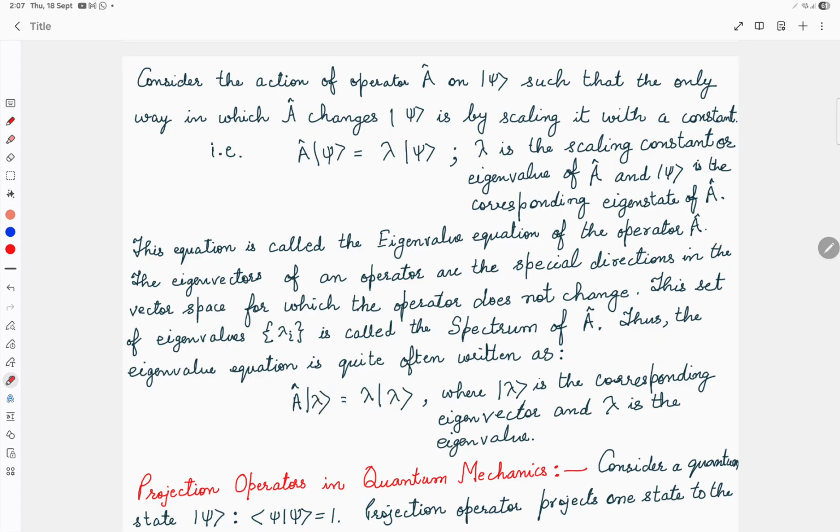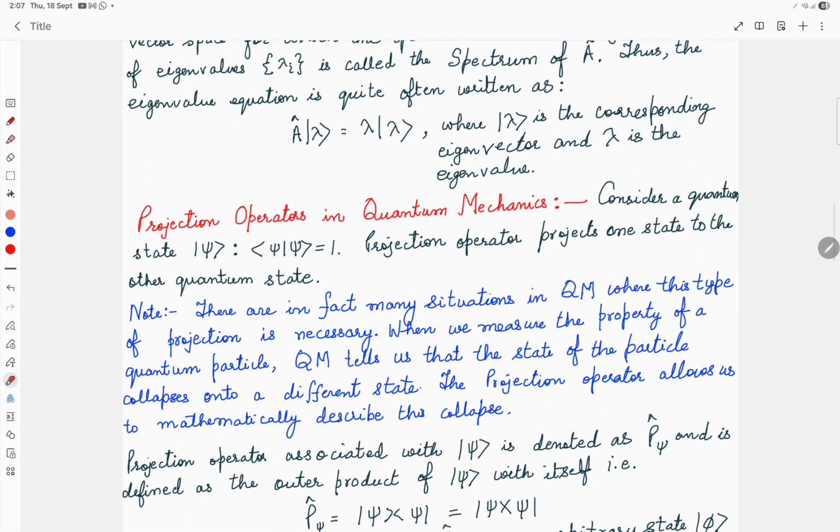So the only difference is that we have replaced ket psi with ket lambda, because we are treating ket psi as the eigenstate. So often we can write the eigenvalue equation with the operator, the eigenstate, the eigenvalue and the eigenvector. This is again the eigenvalue equation.